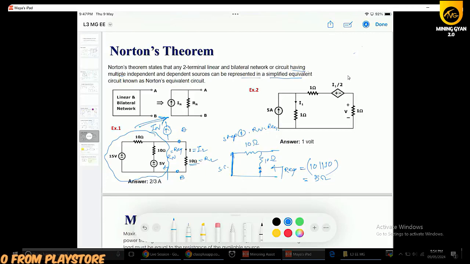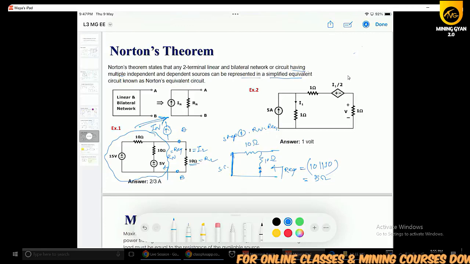This is your Norton's theorem. Norton's theorem is applicable for parallel circuits. Both theorems are applicable, but it's easier to apply KCL in the case of Norton's theorem or a parallel circuit. A parallel circuit means one where most of the elements are connected in parallel.